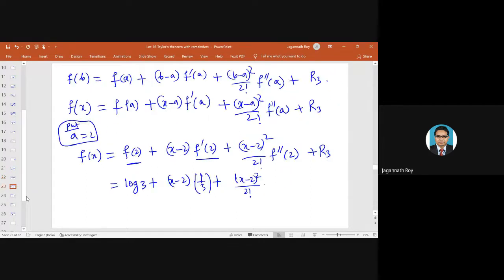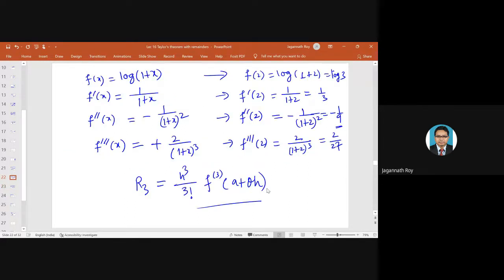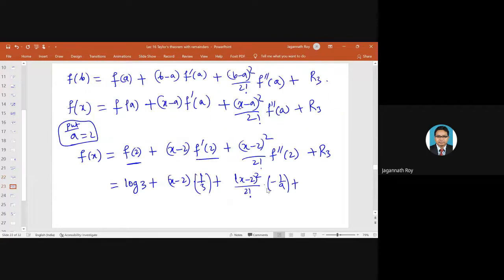Okay. So we will substitute minus 1 by 9 plus R3. R3 is, okay, we'll calculate R3. So let us just write log of 3 plus x minus 2, or you can write just 1 by 3.